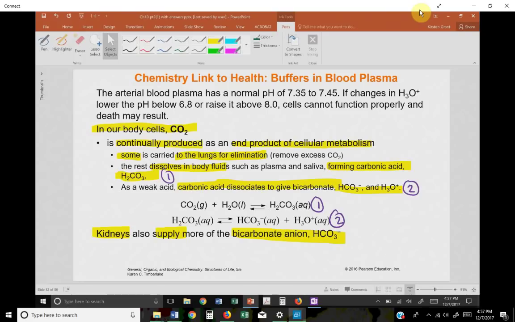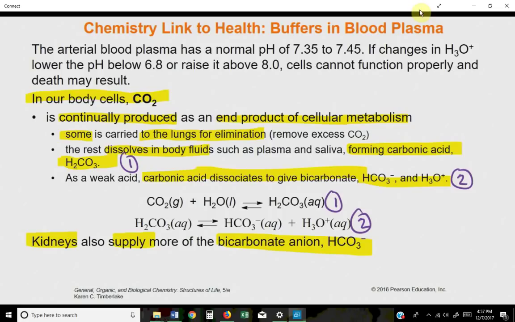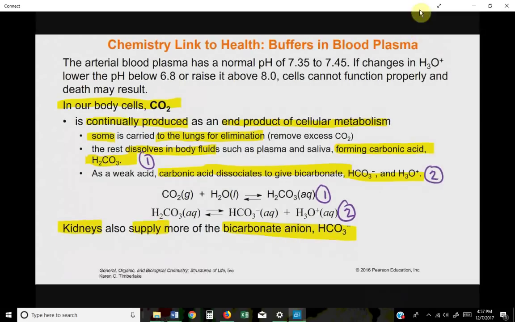So what happens in our blood? In our blood, we have to maintain a certain pH, and that pH is 7.35 to 7.45.